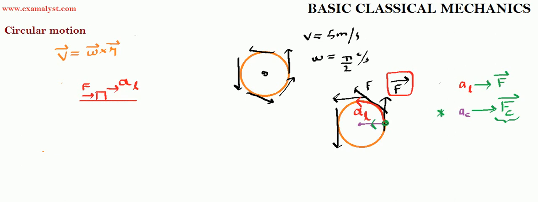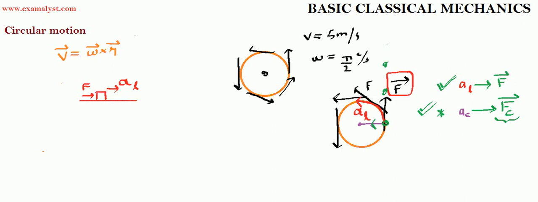The tangential force is making it go with an acceleration AL, and this force is not at all helping to keep the object on a circular track. The centripetal force is the main force that keeps the object on the circular track. If there were no centripetal force and you apply a linear force on this particle, the green particle will go in a straight line. It will go away.